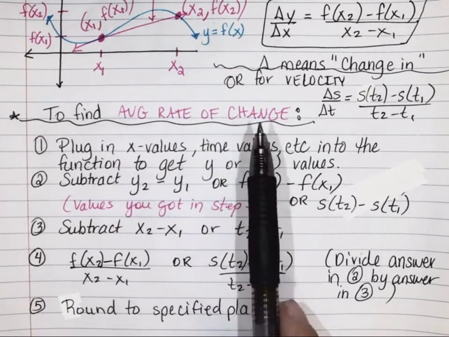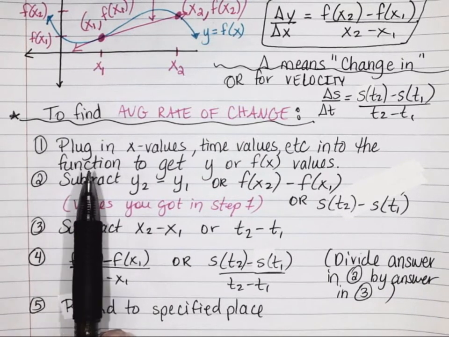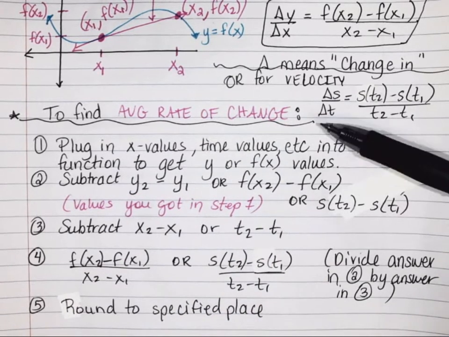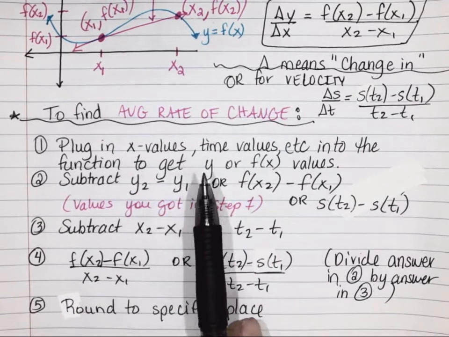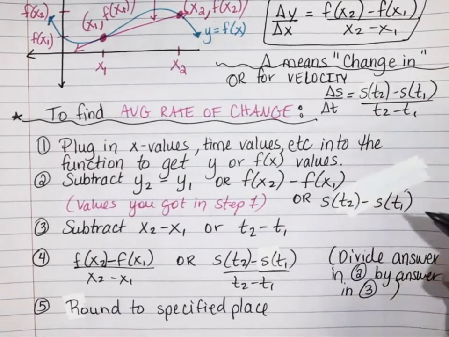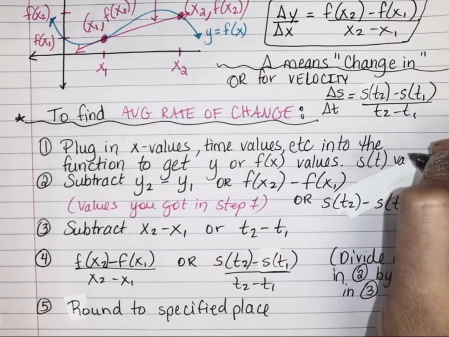Okay, so to find the average rate of change, these are the steps that I come up with to help you. You plug in the x values or the time values they give you into the function to get your y or f of x values, or we can also say to get your s of t values.